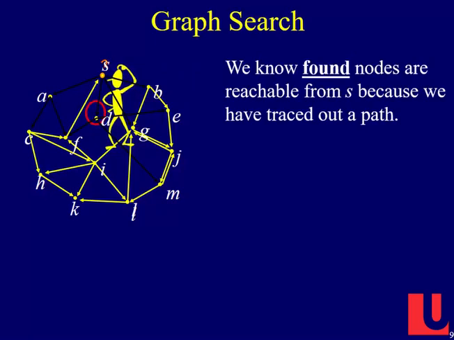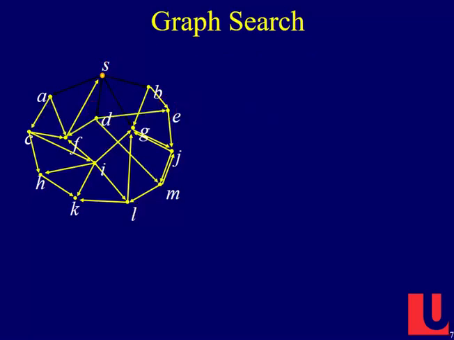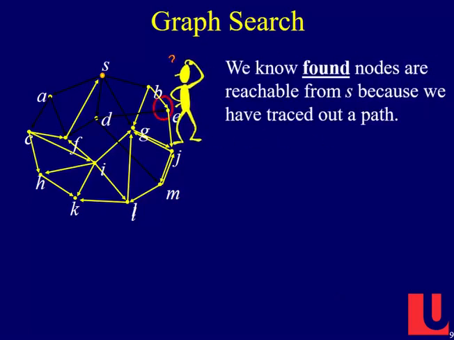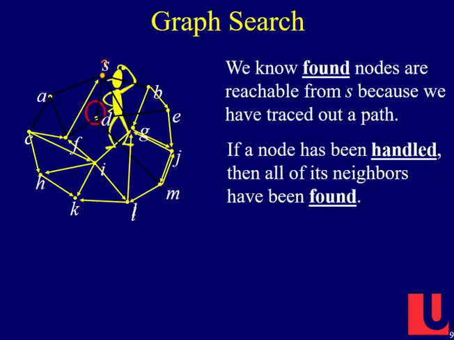And what about D? There's something more special about D than E. Anybody see what's special about it? What are we doing right now? What are we doing to D? So I'm going to call D a handled node.